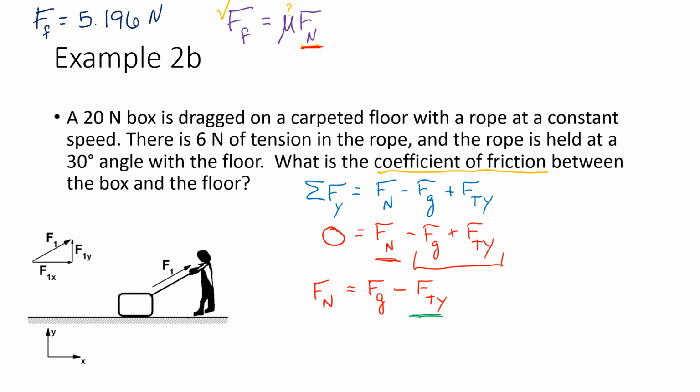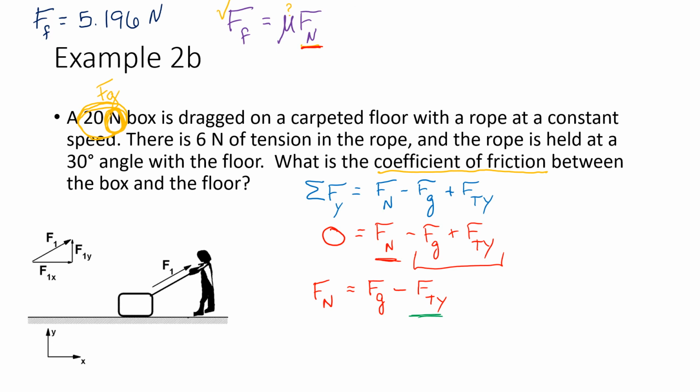Do we know what the force of gravity is pulling on this object? Are you sure? Yeah. What's up with that? That's different than our previous problems. It's measured in newtons. This is telling us the force of gravity.